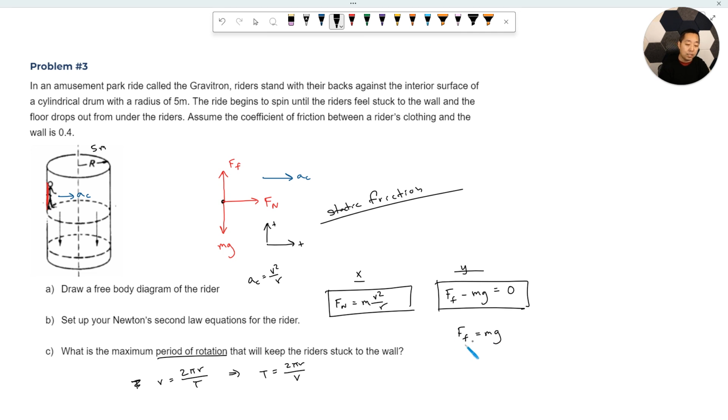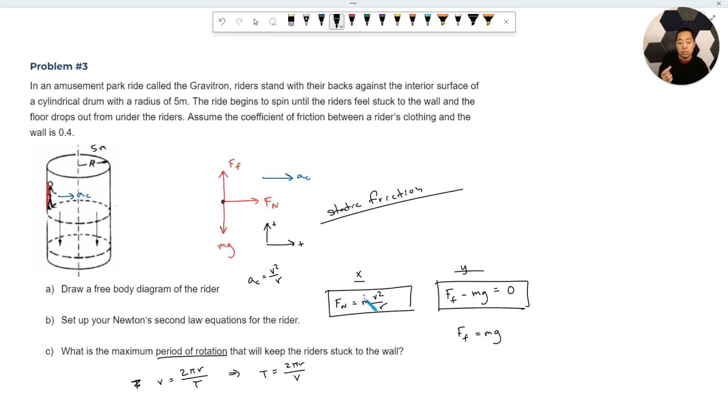Now, what happens if the frictional force is not big enough, then we're going to overcome the static friction and then we're going to start to slide. Once we hit maximum static friction, we're going to begin sliding down the wall, right? So how is the frictional force changing? You've got to look at the normal force. If the period of rotation is longer, that means he's going to go slower.